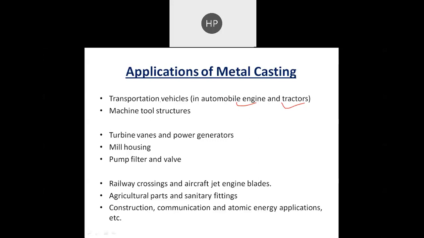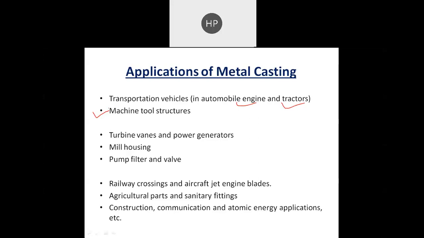Then machine tool structures. As we have already discussed in the advantages, they have a very good vibration damping capacity. Most of the machine tool structure is produced by casting because it will damp the vibration generated during the machining operation.